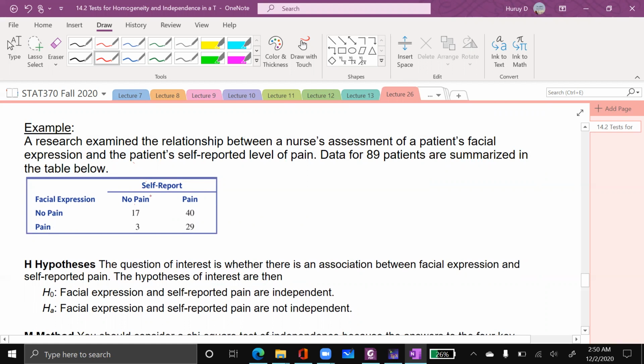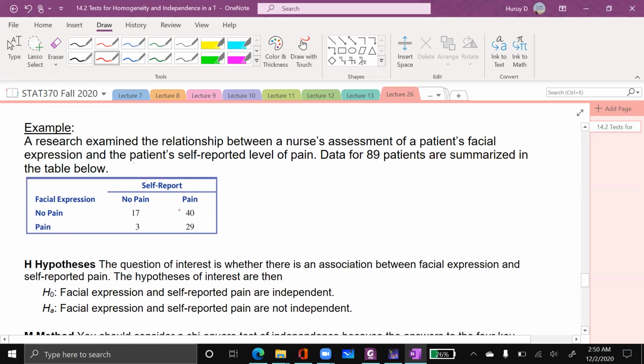They know it better than the nurses, because it's their own body. In total, there were 20 who reported no pain, but out of these 20, 17 were correctly guessed by their nurses, and 3 were not.